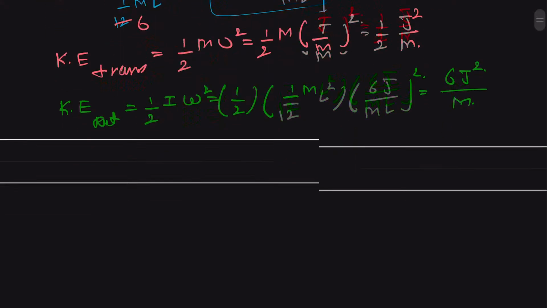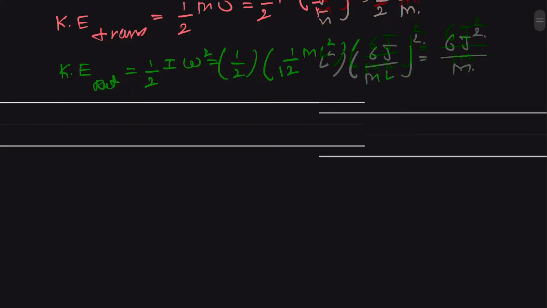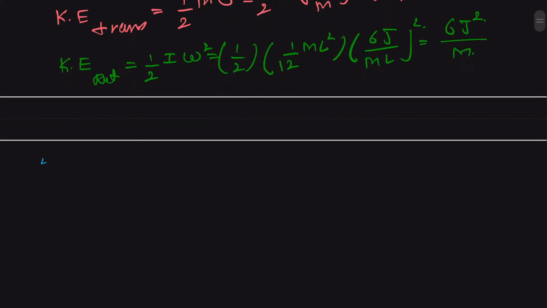Therefore the total energy, or we can say total kinetic energy, let us call this KE, will be equal to kinetic energy translational plus kinetic energy rotational.